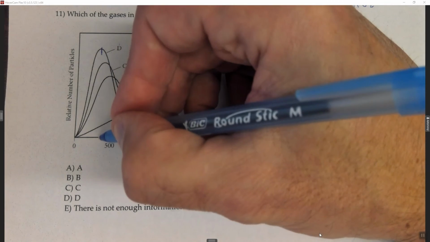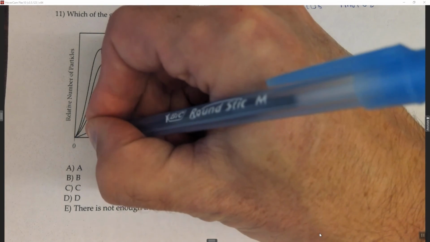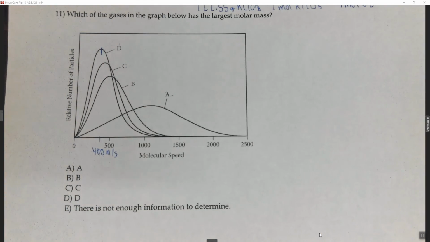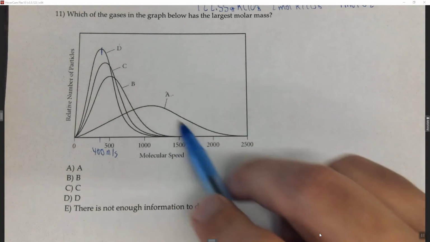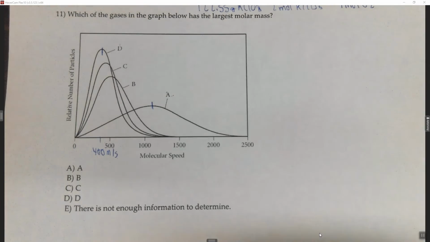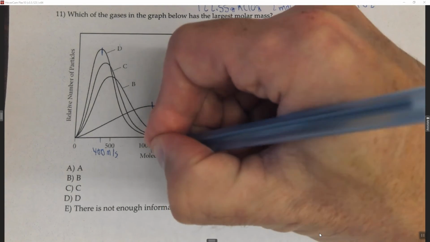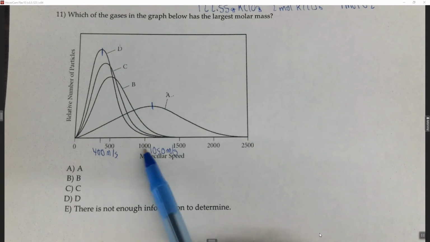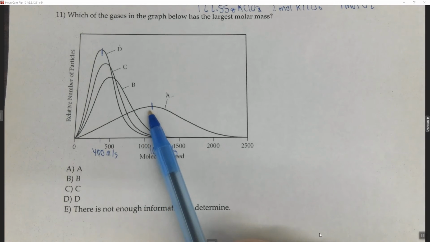And if you look here, this is about 400-ish meters per second is the most common speed. If you look at A, the most common speed is somewhere around maybe 1050 meters per second, something like that.